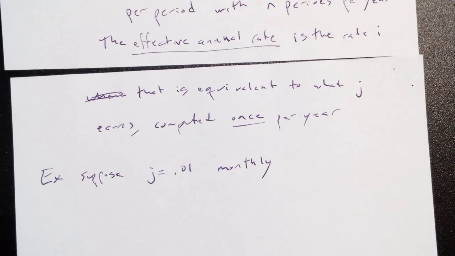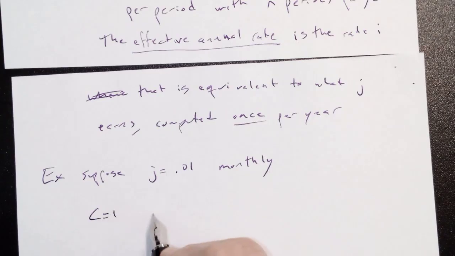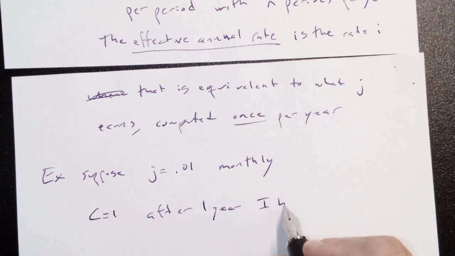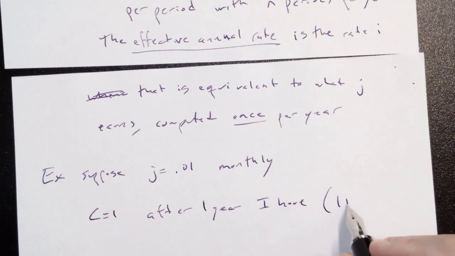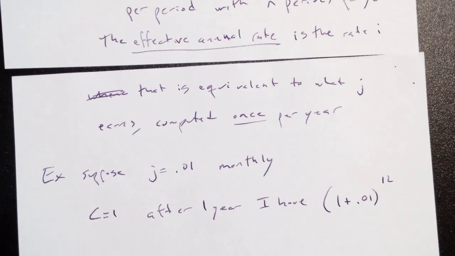At the end of 1 year, how many times have I computed the interest with J? 12 times, right? So my investment of 1, again, just to make my life easy, grows that much.